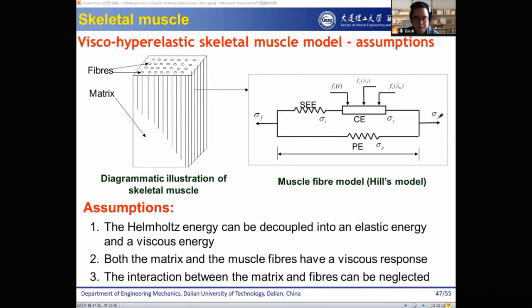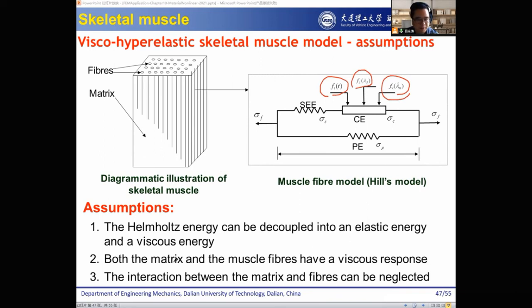It depends on the brain signal, so we have this activation function, and it depends on the loading rate, so we have the rate dependent function, and it also depends on the stretch. Therefore, we have the stretch function. We use all those mechanical models, and then we can capture the physical hyperelastic behavior of the skeletal muscle.